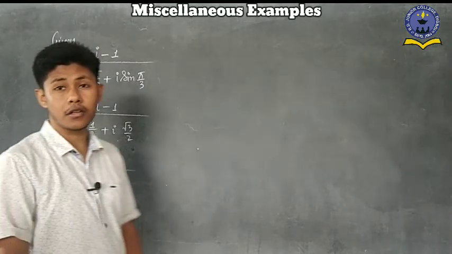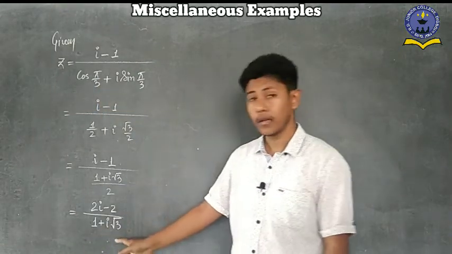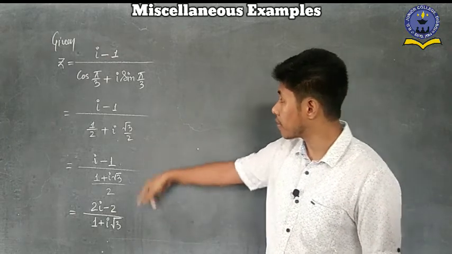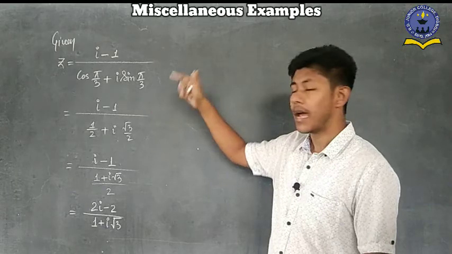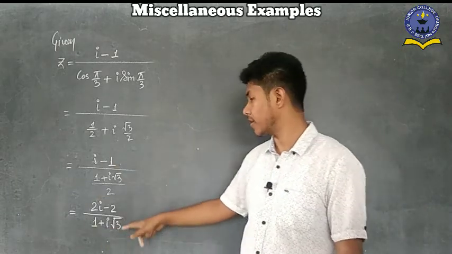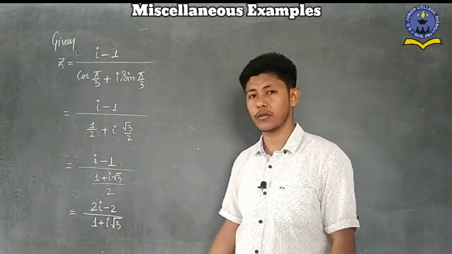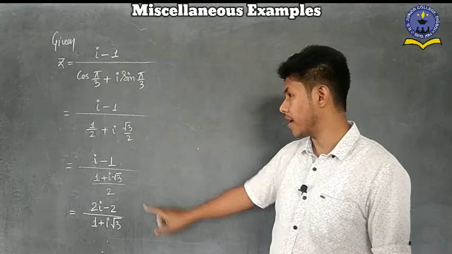Is it clear? I think up to this all of you understood. We just put the value of cos pi by 3 and sin pi by 3, calculate, and simply get twice i minus 2 divided by 1 plus i root 3.